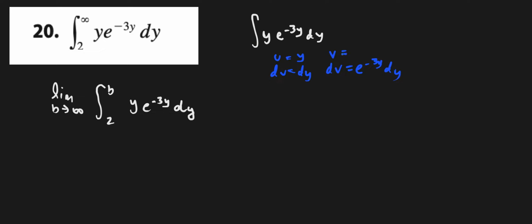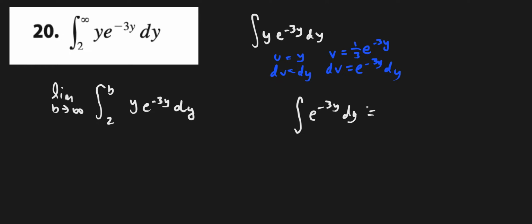So v is equal to the integral of this, and I think this is going to be 1/3 e to the negative 3y plus c, which we don't need. We can double check that. This is just the integral of e to the negative 3y dy.